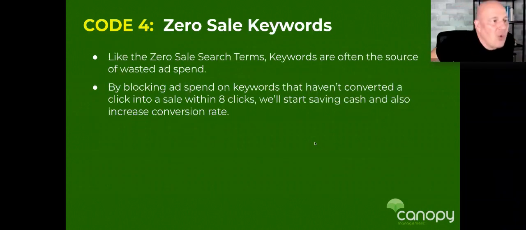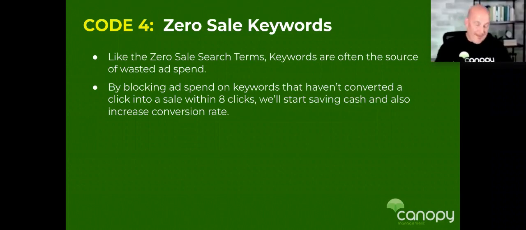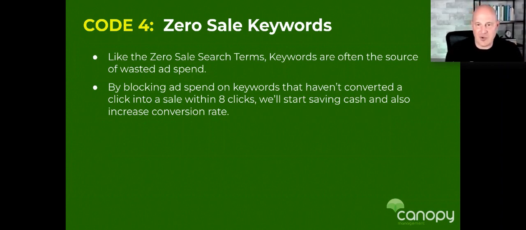Similar to what we saw with code 1, 2, and 3, now we go back through it again, but now we look at a keyword level. This is more of a macro level, so we're taking it up. A keyword, of course, can have multiple search terms that contribute to it, even an exact match, which logically we would say should only have one search term to one keyword. No, it doesn't actually work that way because of things like plurals and conjunctions and prepositions and all these other filler words and connecting words like and, or, with, the, for, all these things that Amazon likes to eliminate.